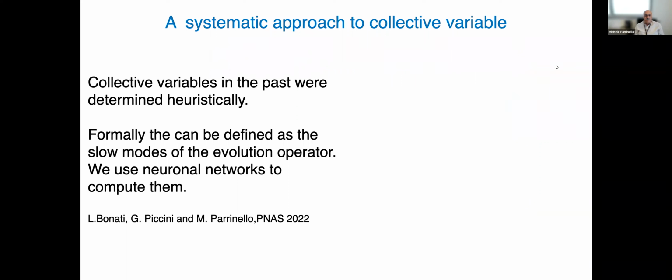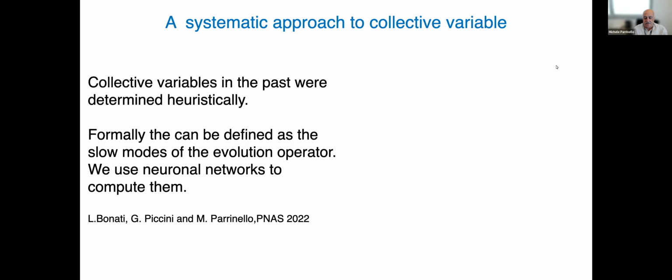In the past, I just alluded a few things that have happened and have made the determination of collective variable easier. So collective variables were determined heuristically and formally. I mean, if you are mathematically or theoretically inclined, they can be defined as the slow mode of the evolution operator.